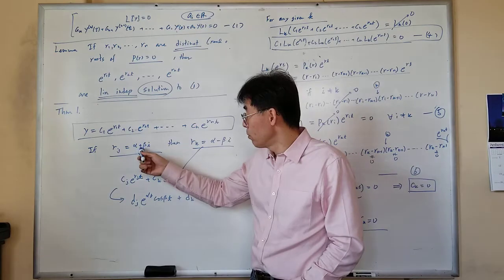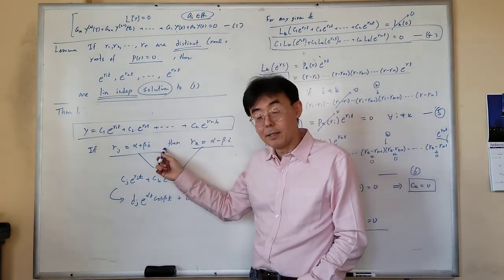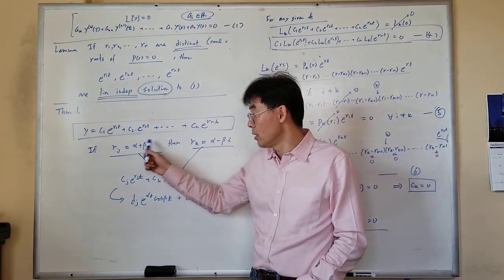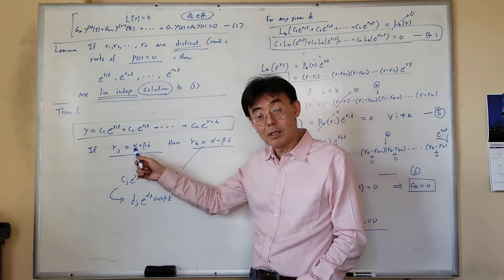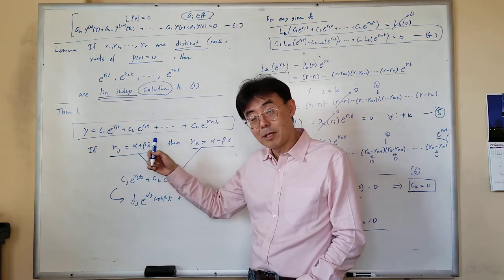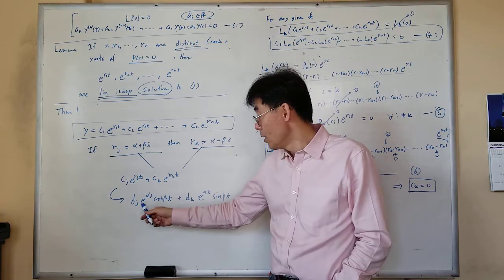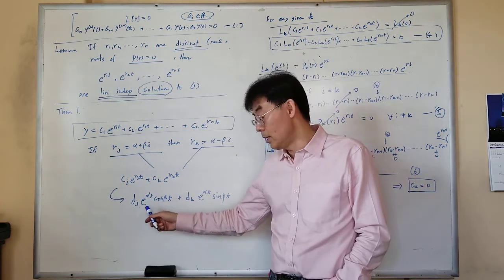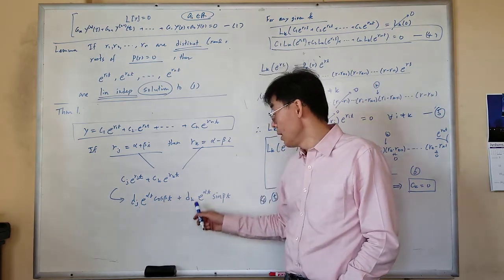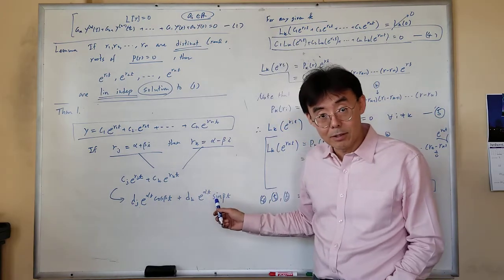When you have 2 plus minus 3i, then e to the power of this times t equals e^(2t) times cosine 3t plus i times sine 3t, so you have e^(2t) cosine 3t and e^(2t) sine 3t, right?